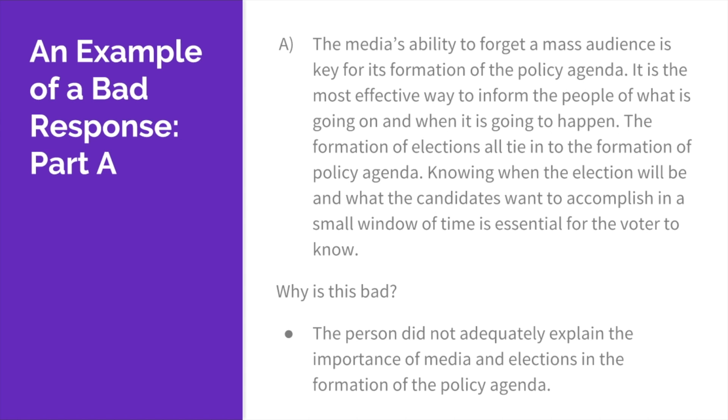And now here's an example of a bad response that someone had put to part A of this FRQ. And if you're reading through it, you can see that this person didn't really accurately address the question. They didn't explain how media and elections, even though they mentioned media and elections, really influence the policy agenda and why they do these things.